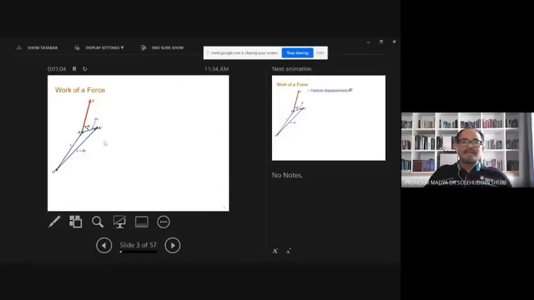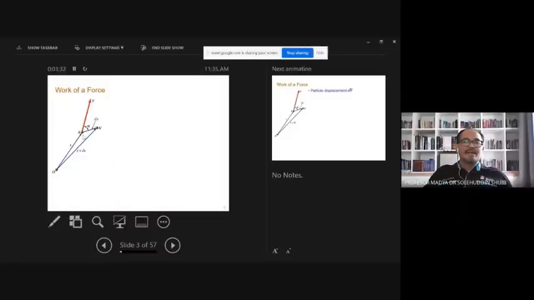If you look at this figure, we have here the work of the force. We have the particle over here. The position vector from O to A is position vector R, and then you have the force acting on that particle.